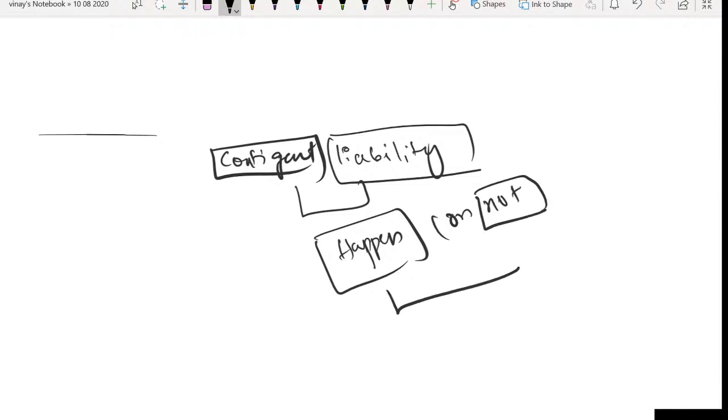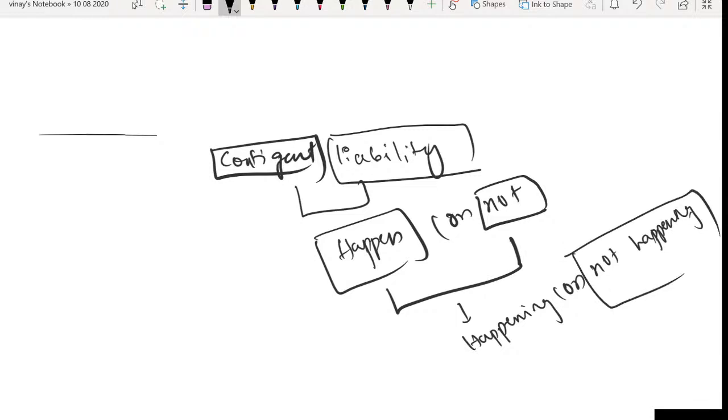Whether that liability is going to happen to you or not depends upon the happening or not happening of an event. You got the point? Whether I'm going to incur this liability or not, I will know once another activity happens or does not happen.